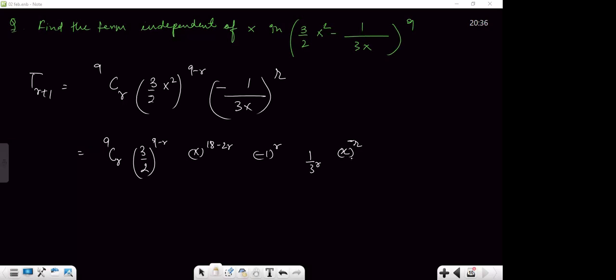So the base is same, so the exponents will be added. So 18 minus 2r minus r becomes 18 minus 3r. Okay, now we know that this is the general term, and in the term which we are looking for, there should not be any index of x, because x will only go away when its power is 0.